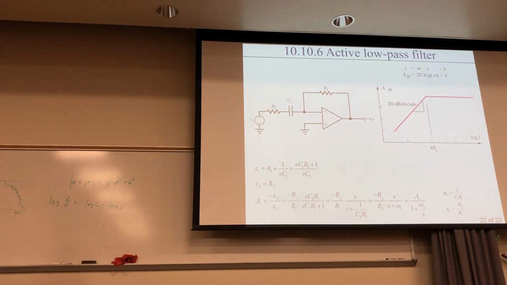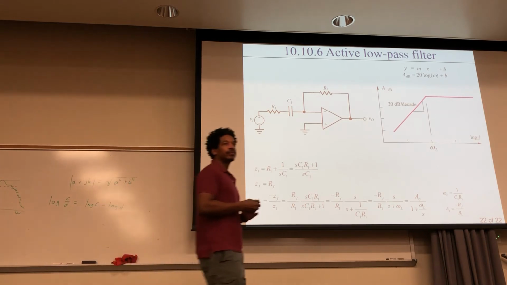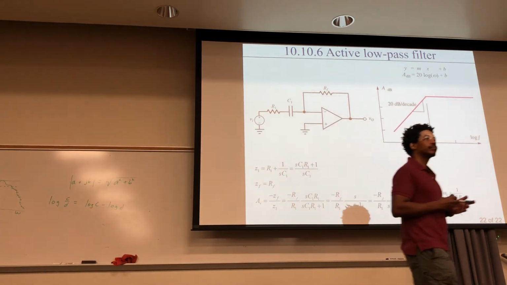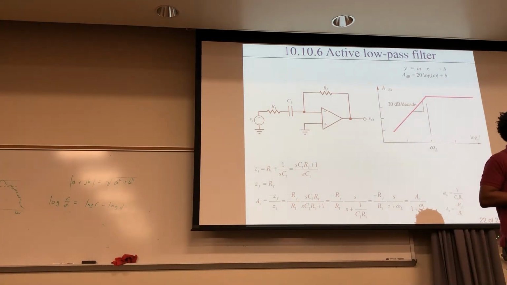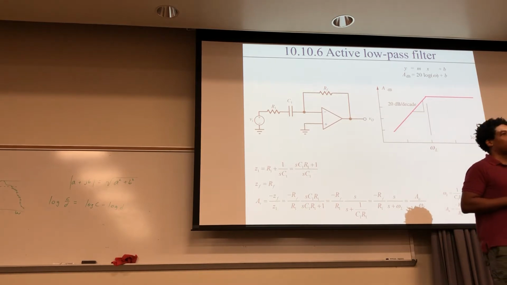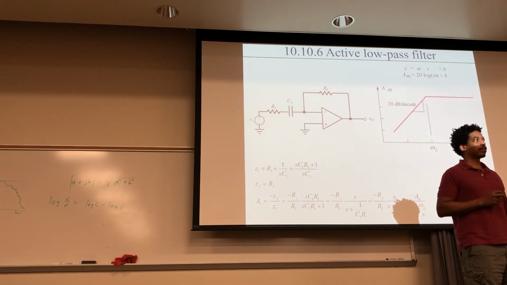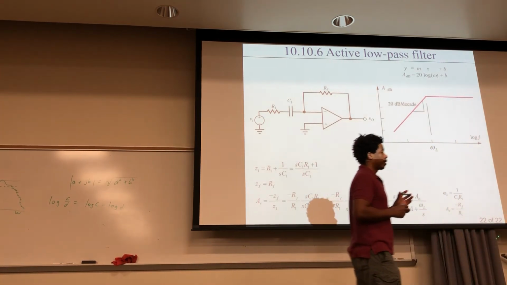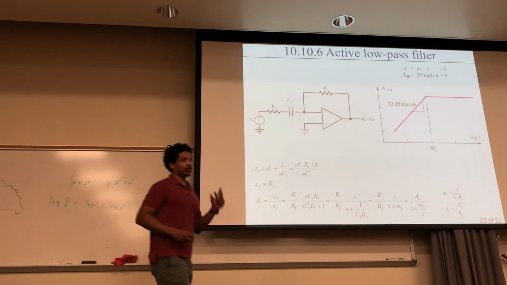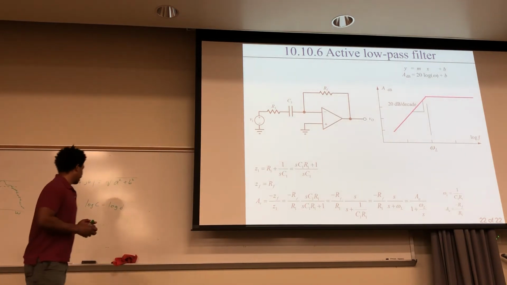Yes? When there are some harmonic distortions, what is the gain? What is the gain if there is some distortion? Oh, are you talking about the total harmonic distortion? Okay, yeah.